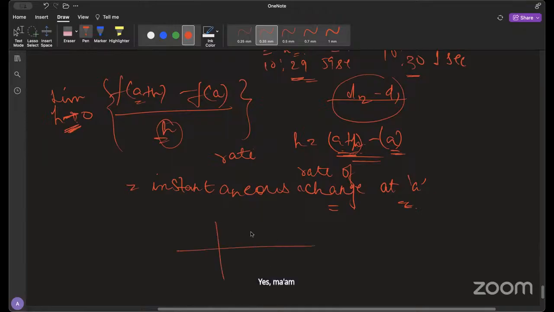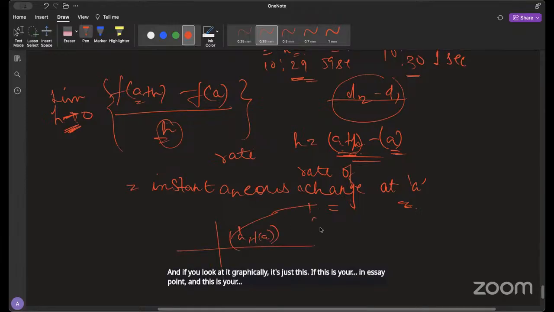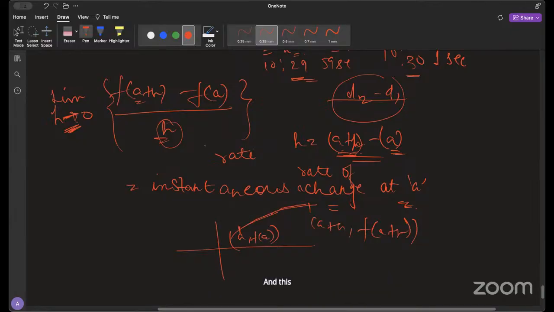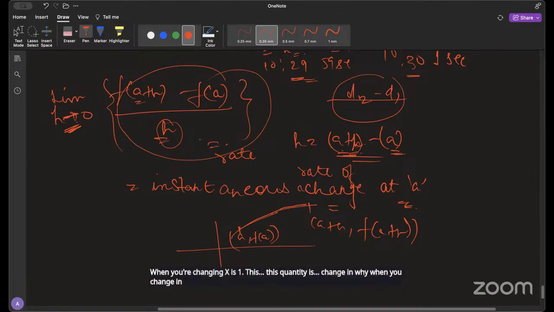And if you look at it graphically, it's just this. If this is your a, f(a) point, and this is your a plus h, f(a plus h) point, one thing to keep in mind is the change in x. This is basically the change in y when your change in x is 1 unit.